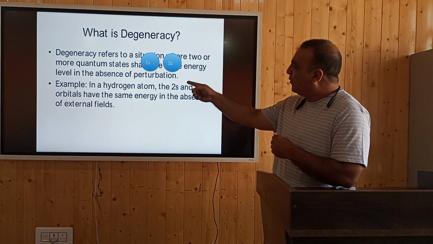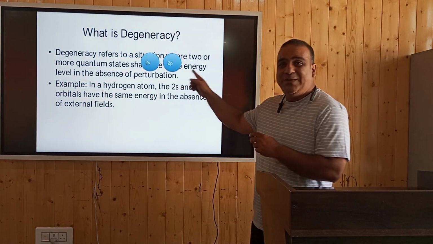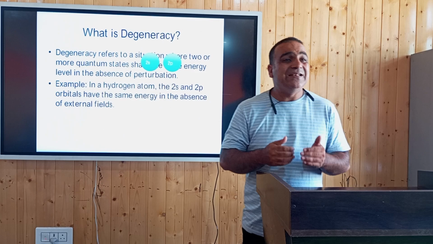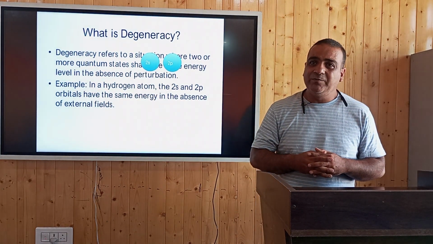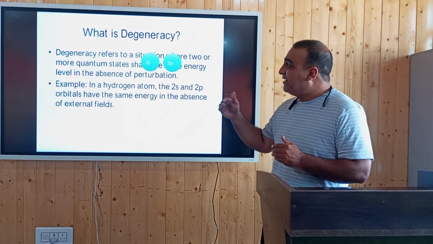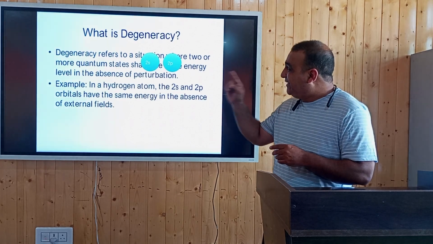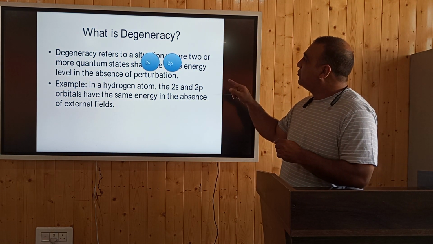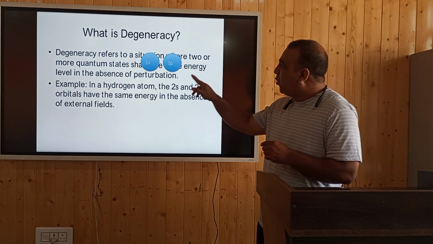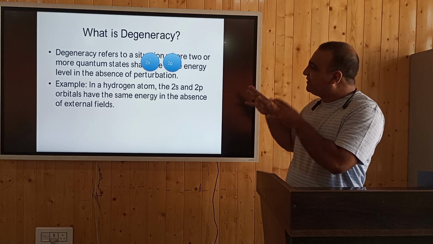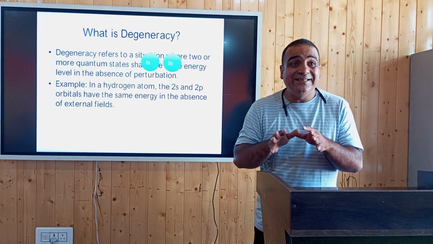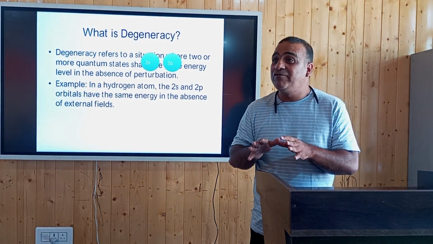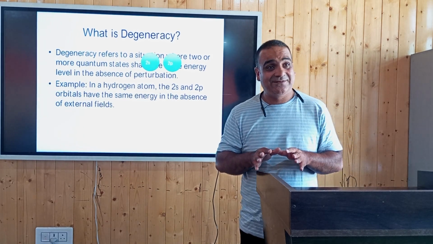If you take an example of the hydrogen atom, the 2s and 2p orbitals are degenerate orbitals. Their energies are the same. So degeneracy refers to a situation where two or more quantum states share the same energy level, but in the absence of external disturbance.